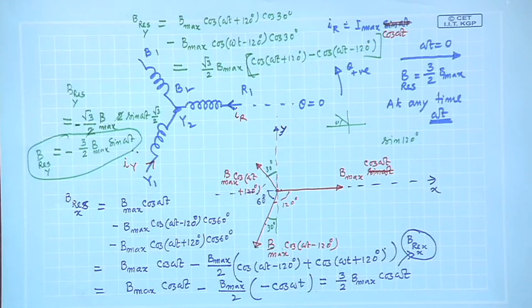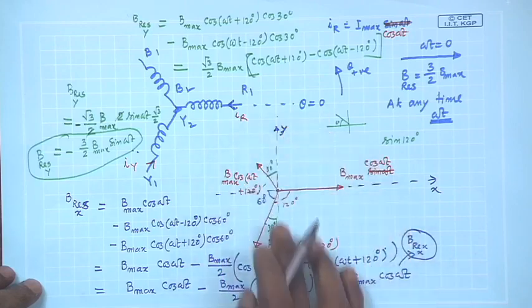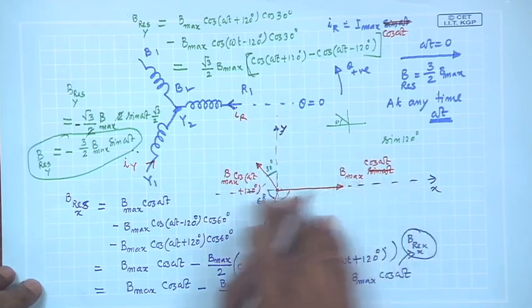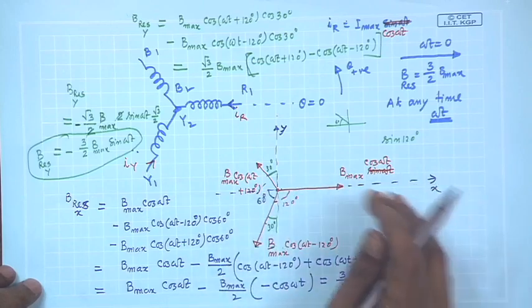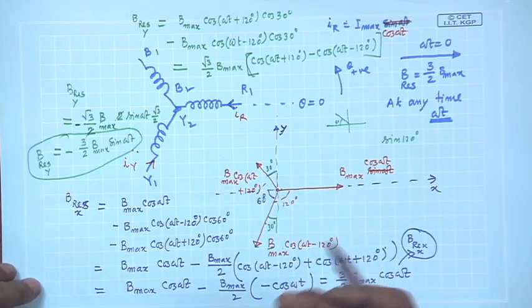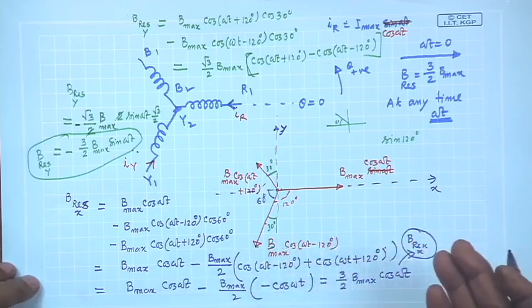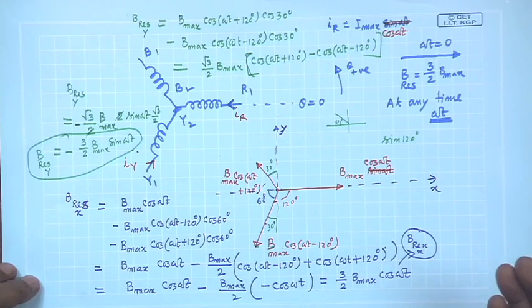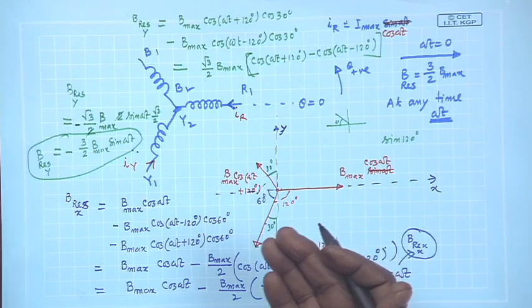So, what we have done? We have calculated for any instant, suppose this was my omega t equal to 0 instant. At that time I knew the resultant field was horizontal, I knew that. Then I am telling that let any time passes, time becomes omega t, from omega t equal to 0, then where is the resultant field and what will be its magnitude, I want to calculate.